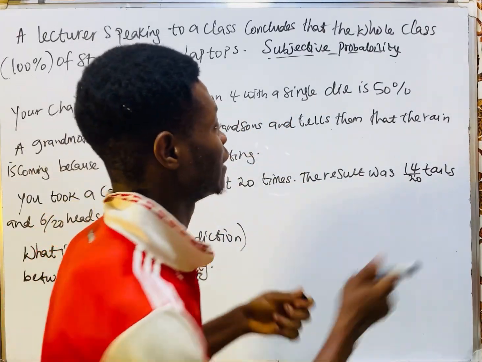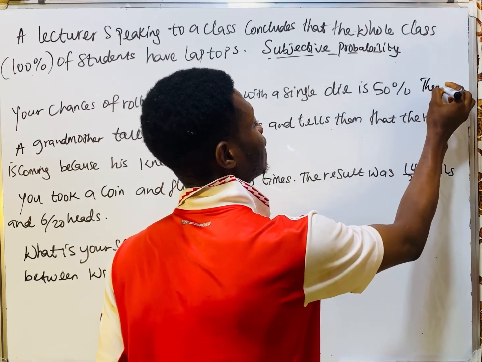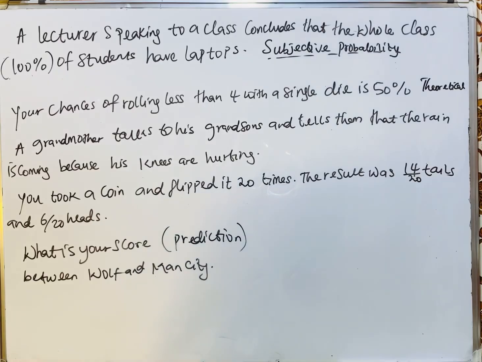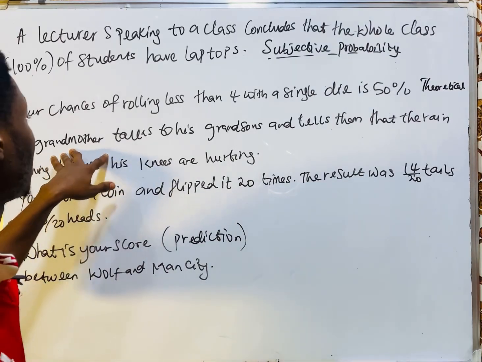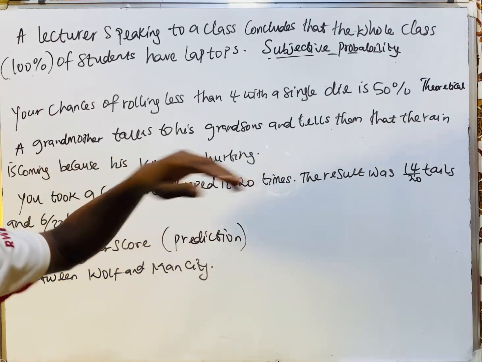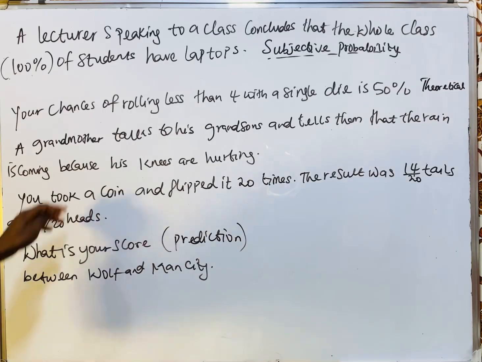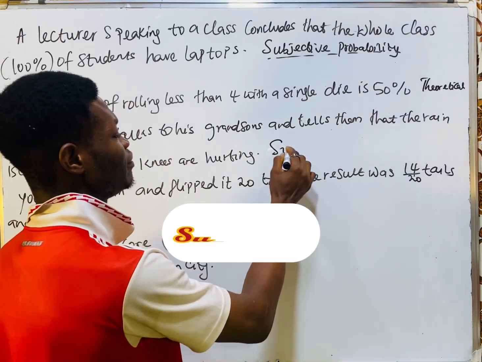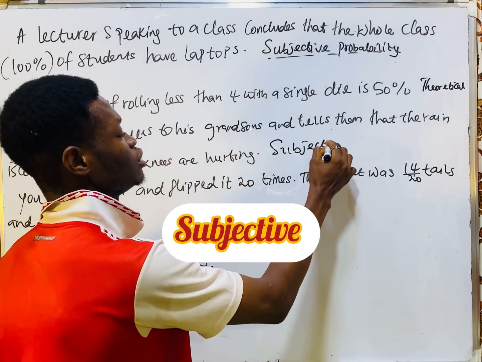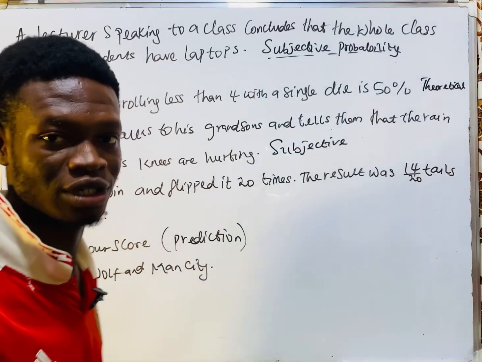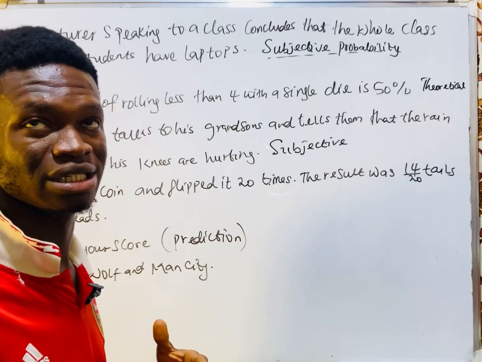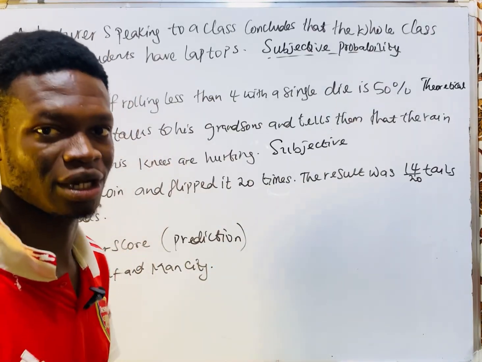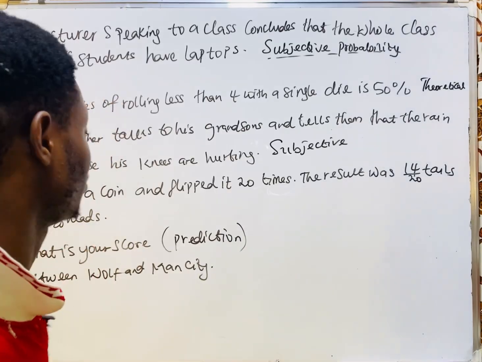This is theoretical. Now a grandmother tells her grandsons that the rain is coming because her nails are hurting. This is simply subjective because she is just predicting on her own that anytime her leg hurts, the rain will start coming.